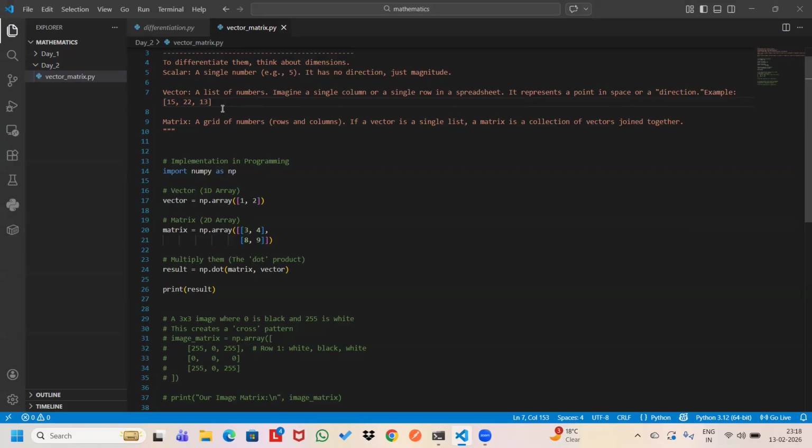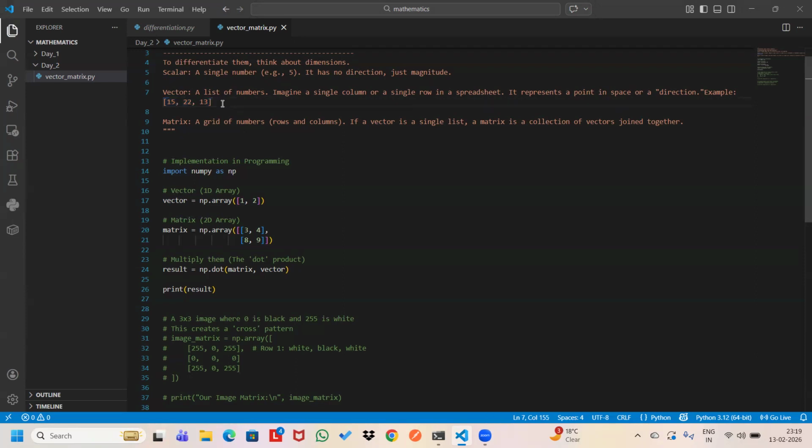But a matrix tracks those same attributes for multiple people simultaneously. Suppose I have just mentioned one person: 15 would be my height, 22 would be my weight, and 13 would be my age. This is for a single person.